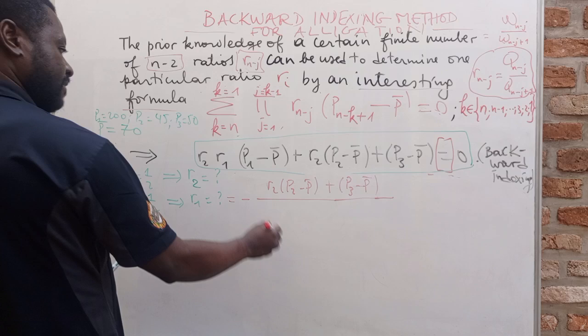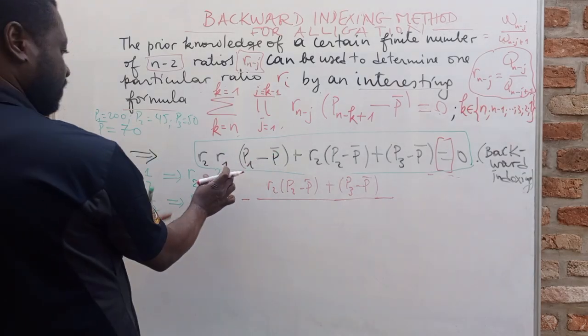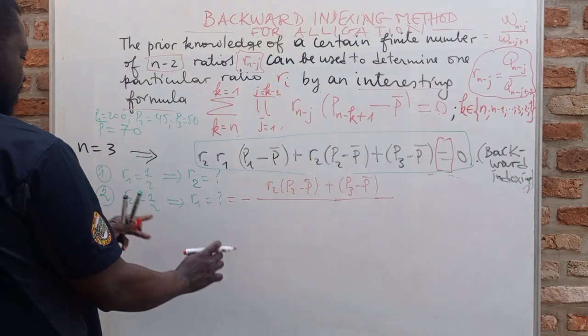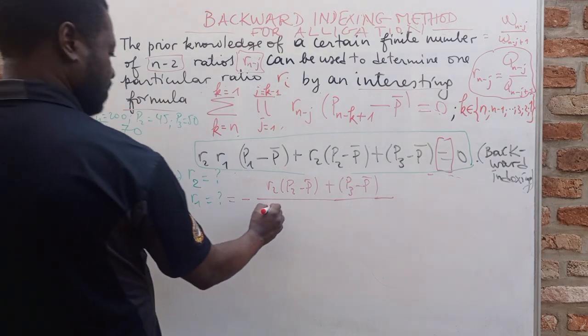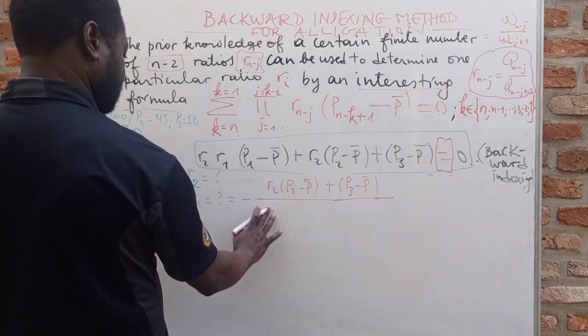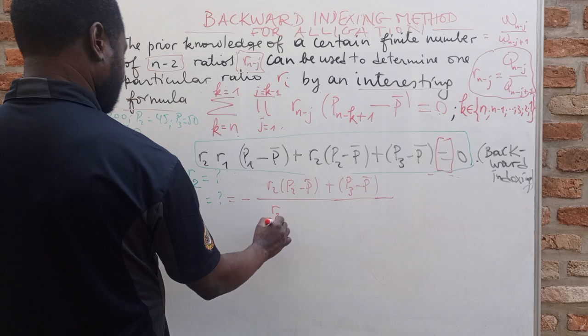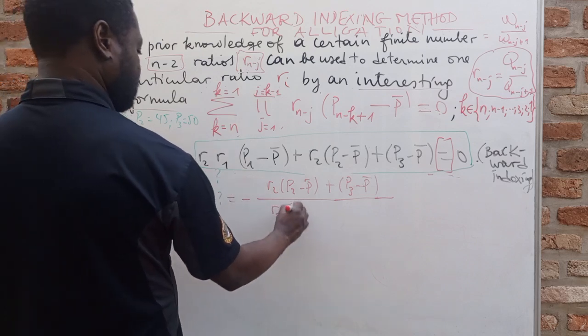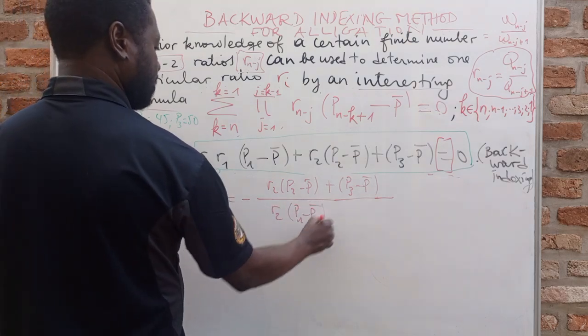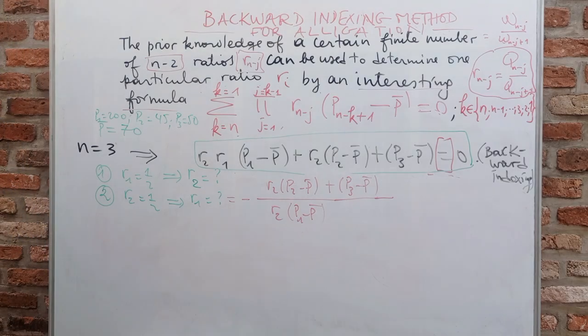Now this term contains R sub 2, so I am left with R sub 2 here, then times (P1 minus P bar). And this is what I have.